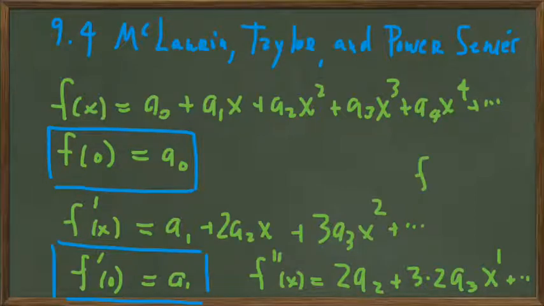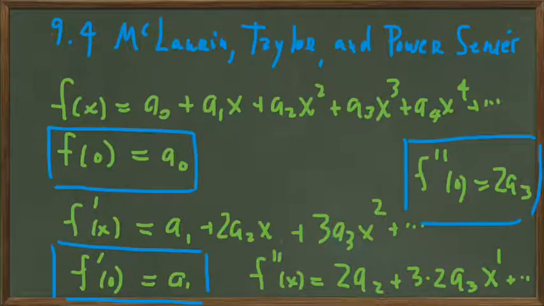So f double prime of 0 is going to be 2a2. And then let's continue this on the next blackboard.